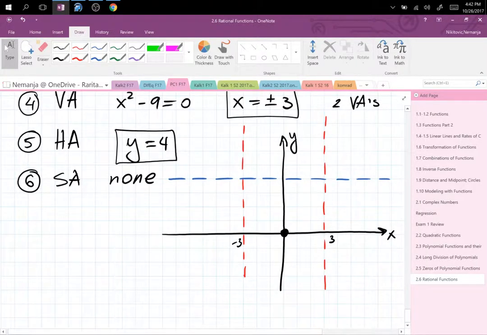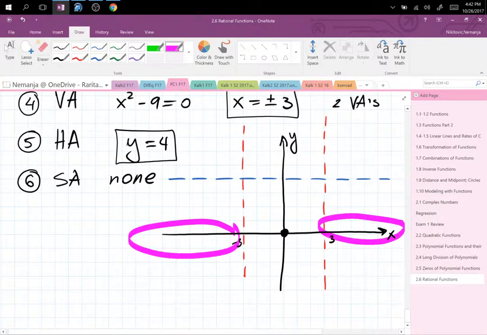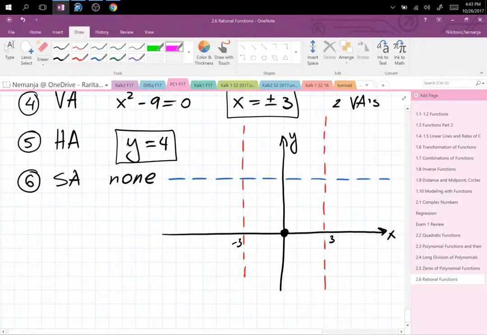It's trouble now, because I don't have any information. Well, I actually have everything I need for the left and the right. How many x-intercepts do I have? And are they here or here? So where must the line be?